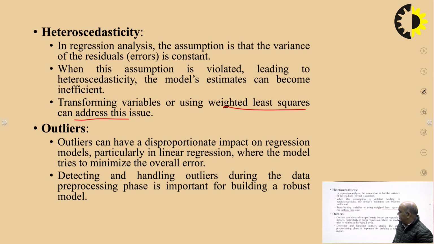Another is outliers, where certain data points do not follow the linear regression pattern. In order to detect those, we identify the outliers while we perform the preprocessing phase, which is basically used to build robust models.